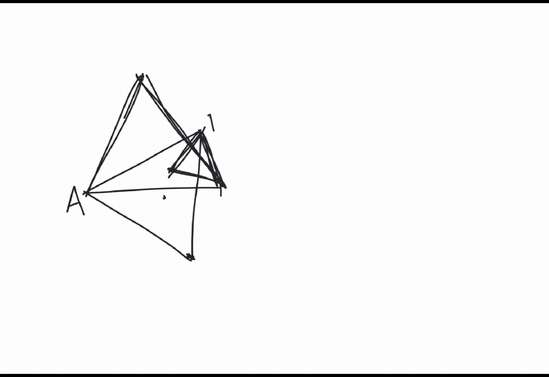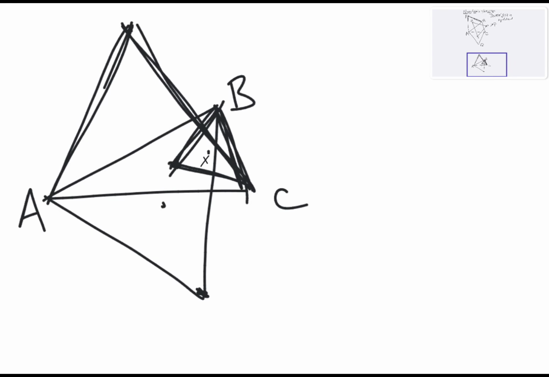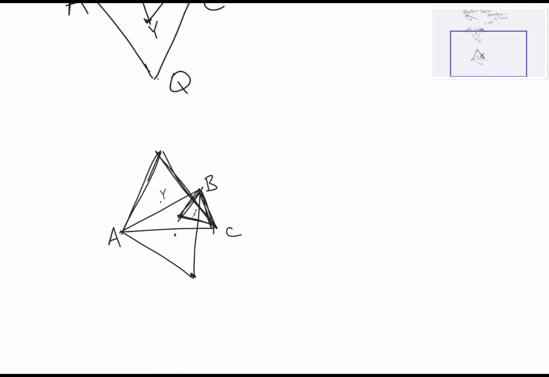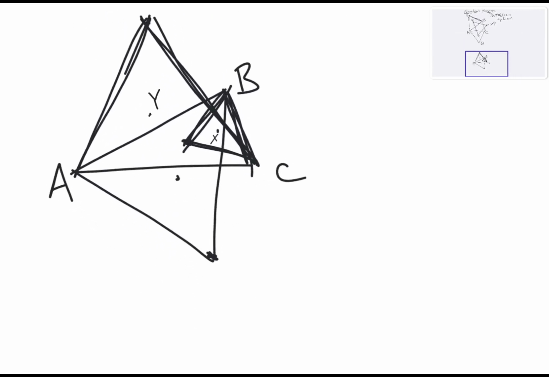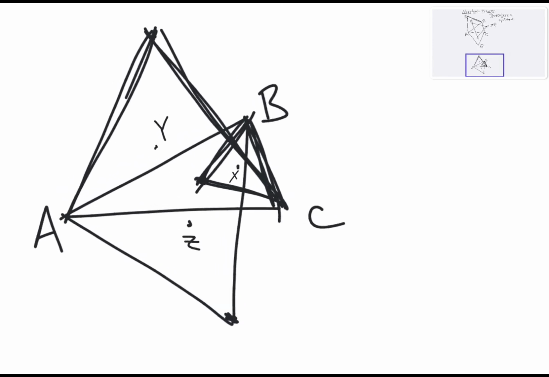So if the original triangle is ABC, the centers would be the center X, Y, and this center is Z. Then these three points also form an equilateral triangle.